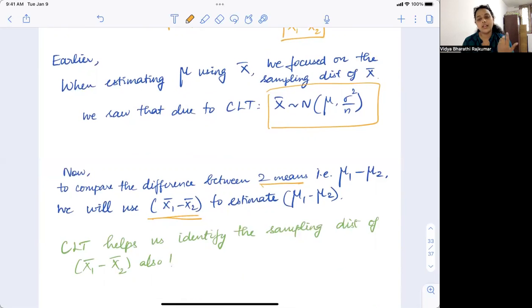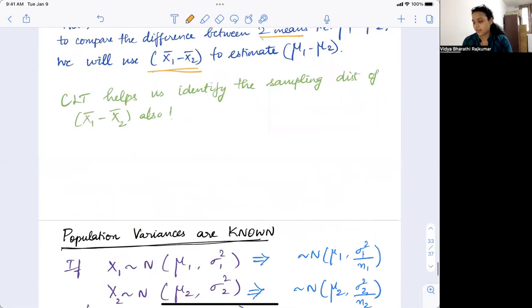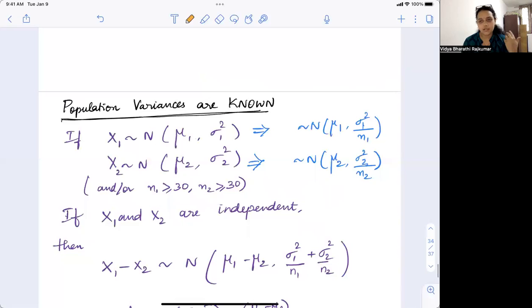Turns out that if you have two random variables, say x1 and x2, and you focus only on the random variable x1, whether it comes from a normal distribution with these parameters, or whether the sample size is greater than 30, we could write down that the average x1 bar will have a normal distribution with the same mean as the parent and sigma square 1 by n1 as its variance.